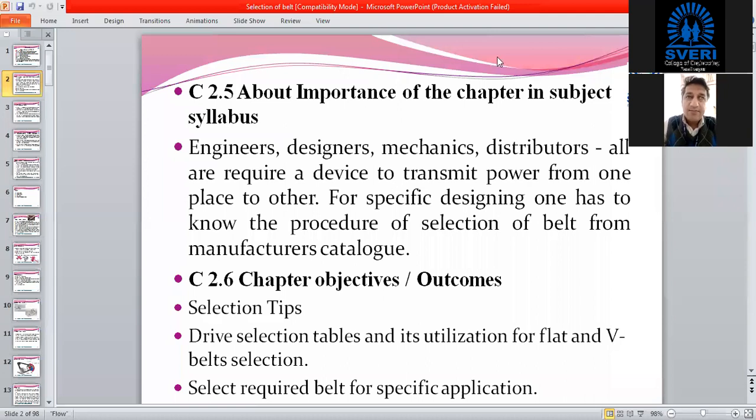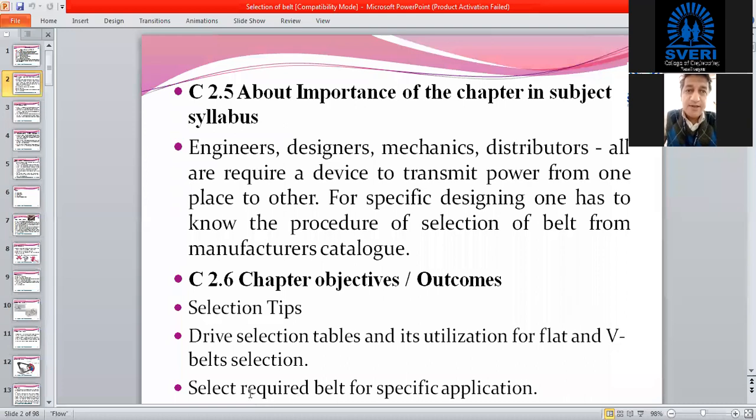Then after completion of this particular unit, you will be able to select the belt. We are going to get some tips for the selection of that belt, then the drive selection table and its utilization. You will be able to read the selection tables supplied by the manufacturer, and how to utilize them in the case of flat as well as V belt.